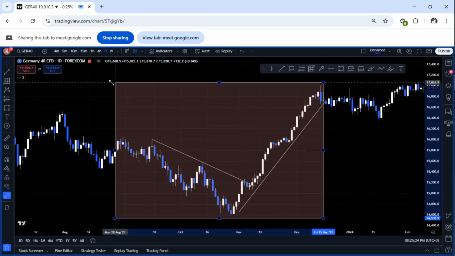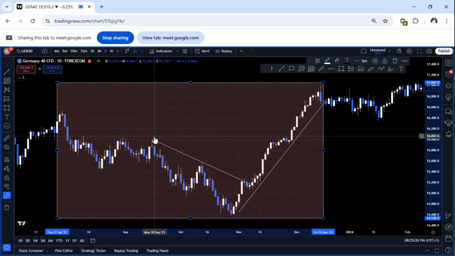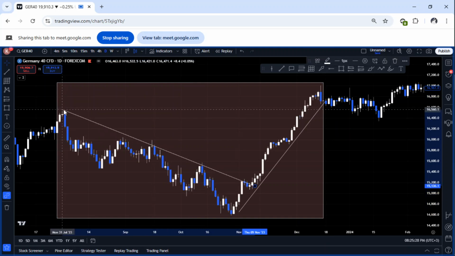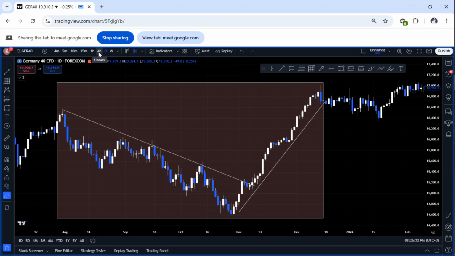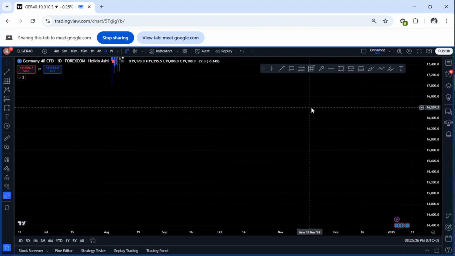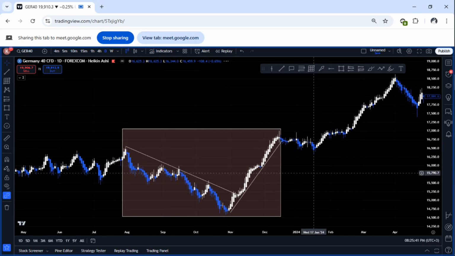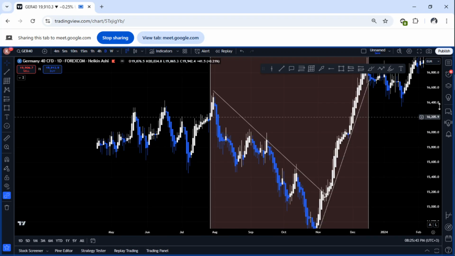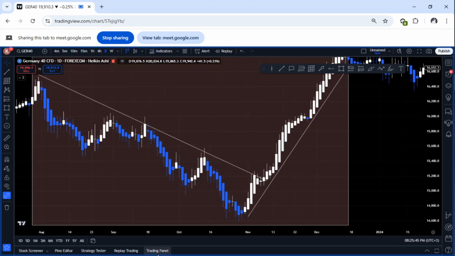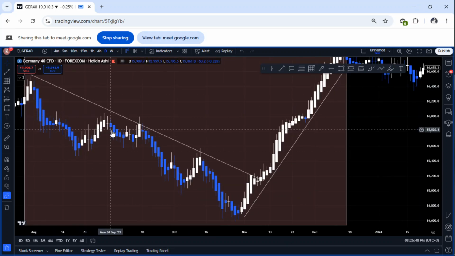Now if we extend it like this and look at the movement here using the Heikin Ashi candle, look at how smooth this place was. This was very smooth from the start to the finish.